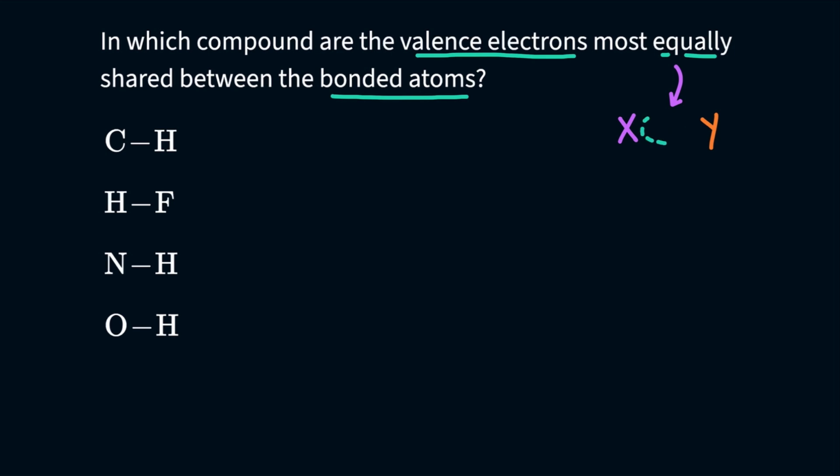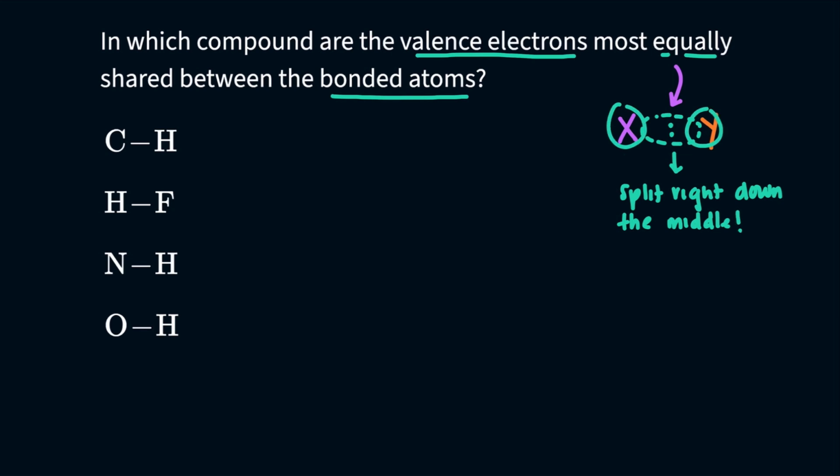So if you have a bond between 2 atoms and you want it most equally shared, those electrons have to be split right down the middle, or at least as close as split right down the middle between the 2 atoms, between the X and the Y, whoever that is, right? The C and the H and the F, etc., etc.